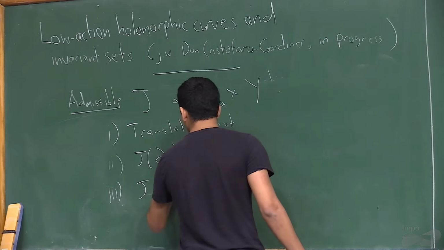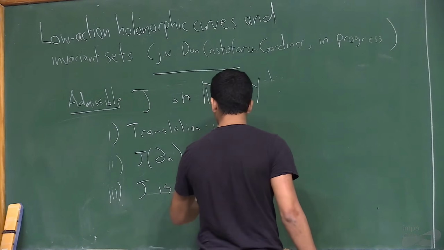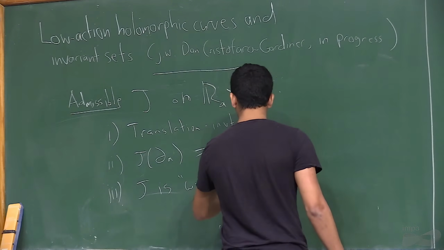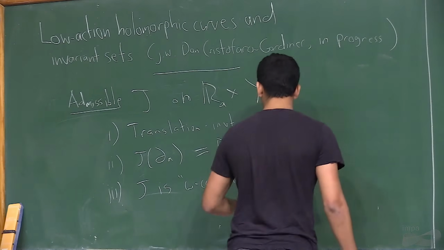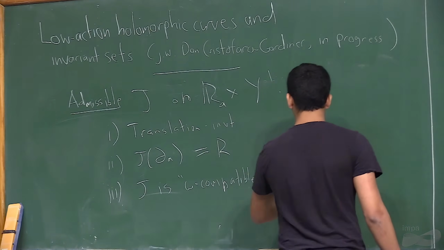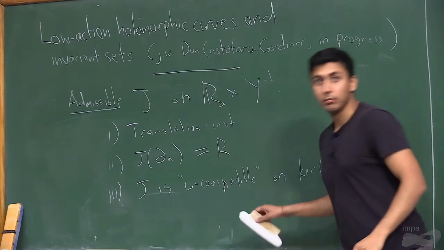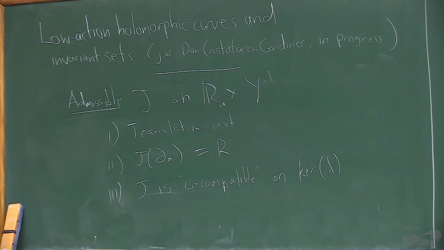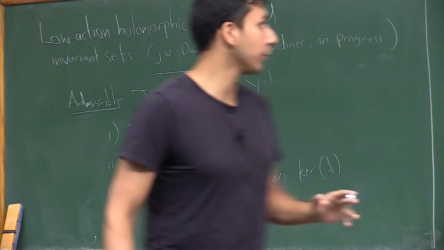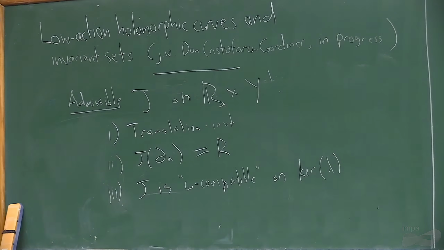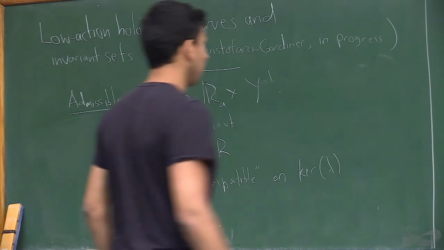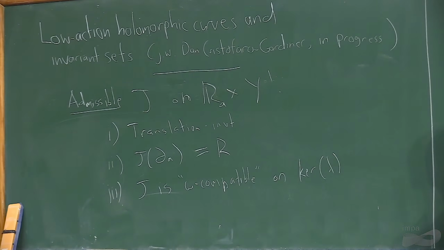It's that J is omega compatible on the kernel of lambda. And so following the original setup by Hofer, we're going to work with holomorphic curves, J holomorphic curves, where J is admissible.